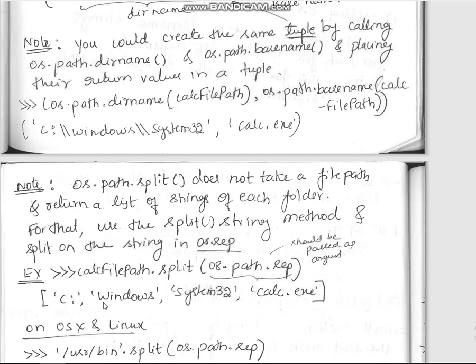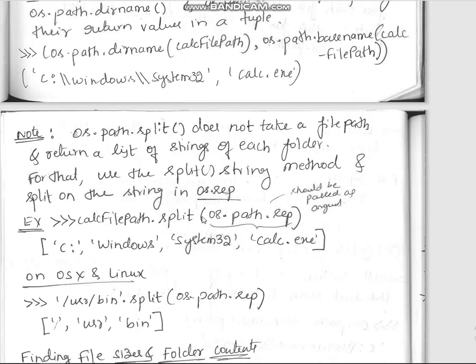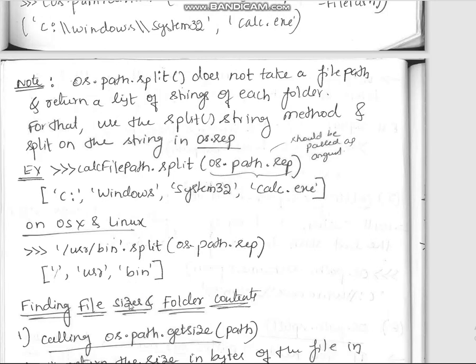Each directory is split separately: C:, Windows, system32, calc.exe. If I want to return the expression like this, I can use os.path.sep. By using this, I'll get each folder divided separately. And the same thing if I use it on OS X or Linux, I'll get it like this.